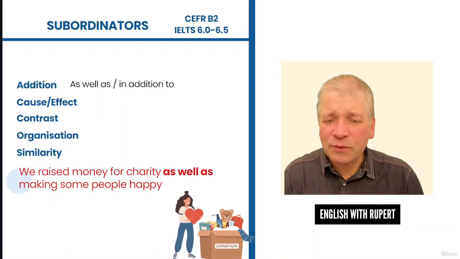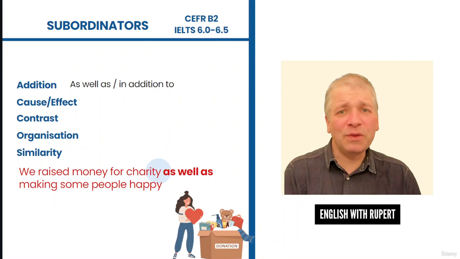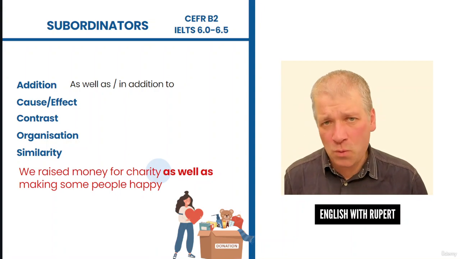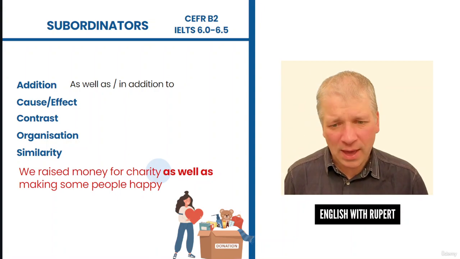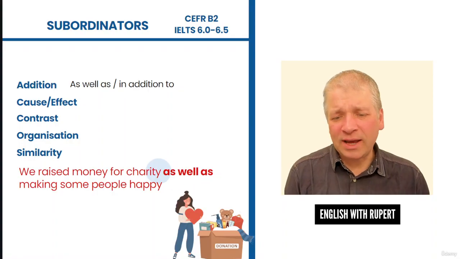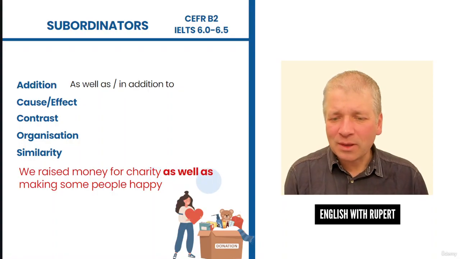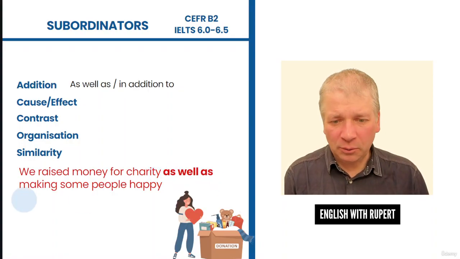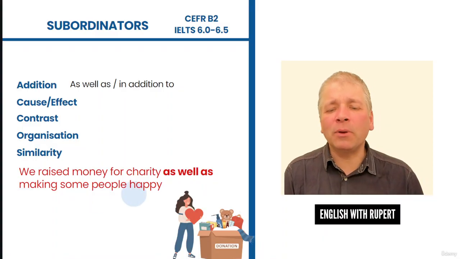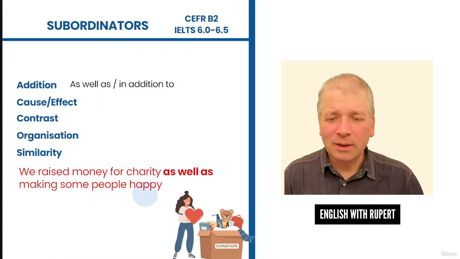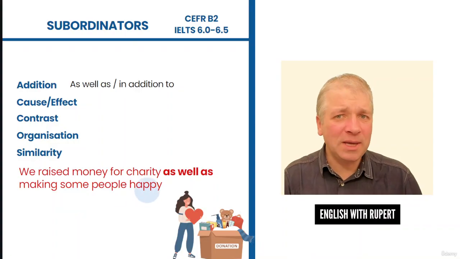So here we have the independent clause. We raised money for charity. This could have been a sentence on its own, so it could have had a full stop there. Then the subordinator as well as, and then the dependent clause, making some people happy. Now here, making some people happy could not be a grammatical sentence on its own.